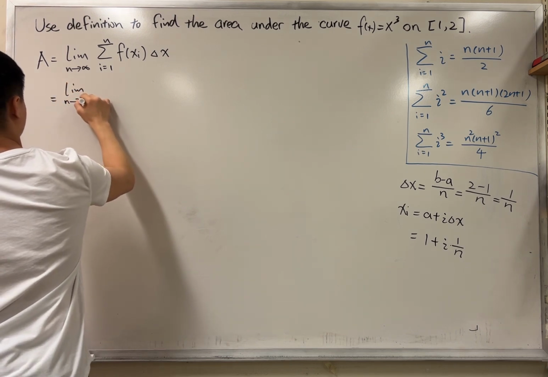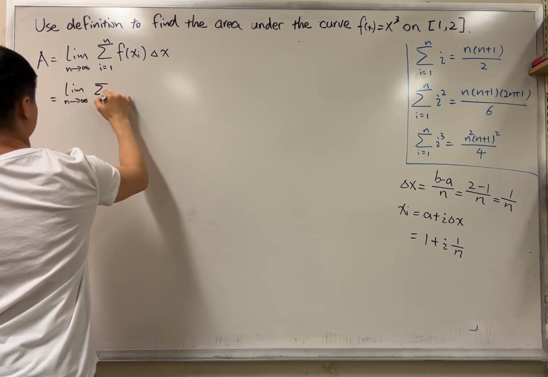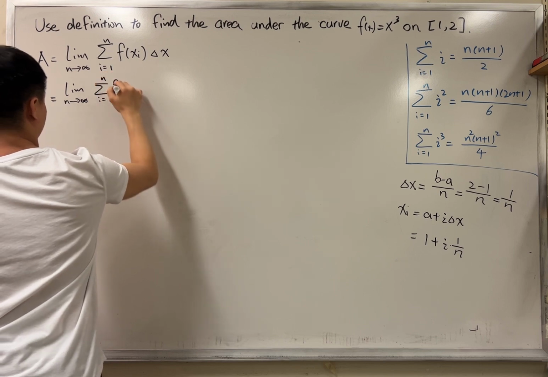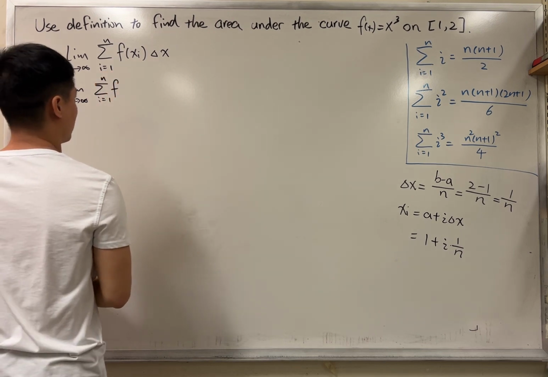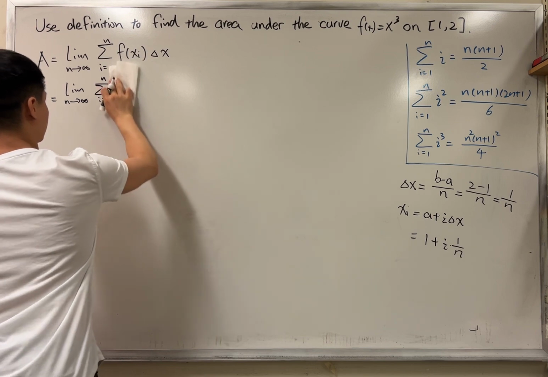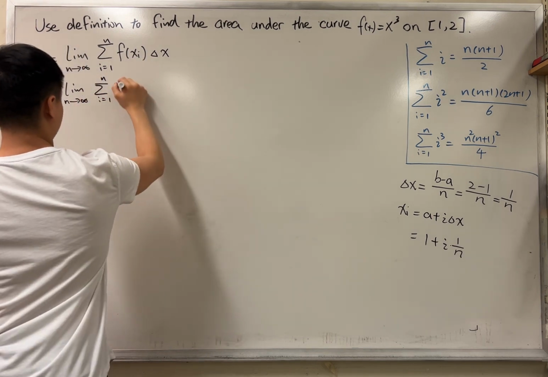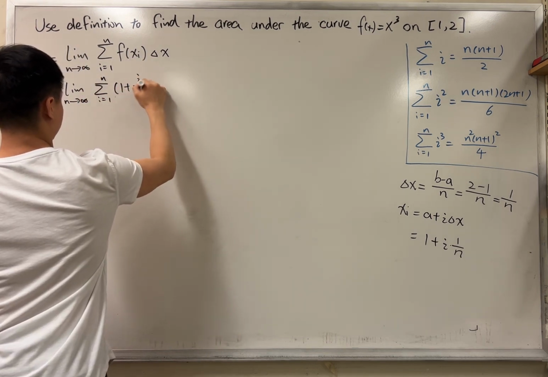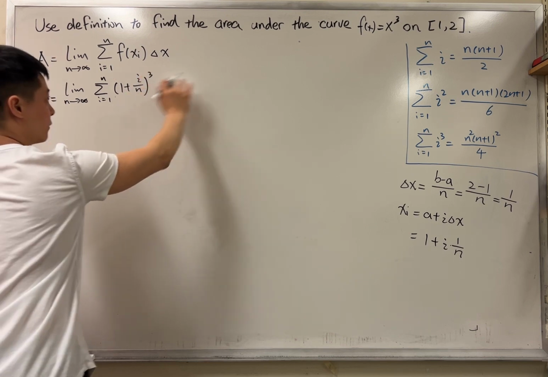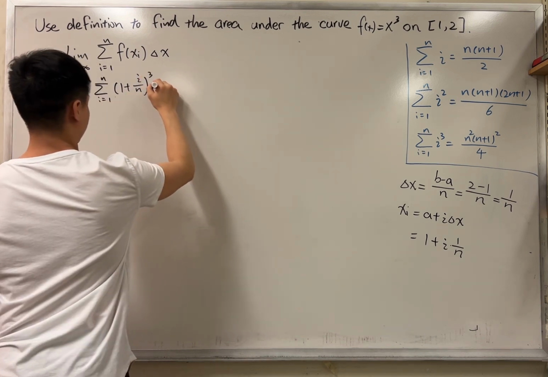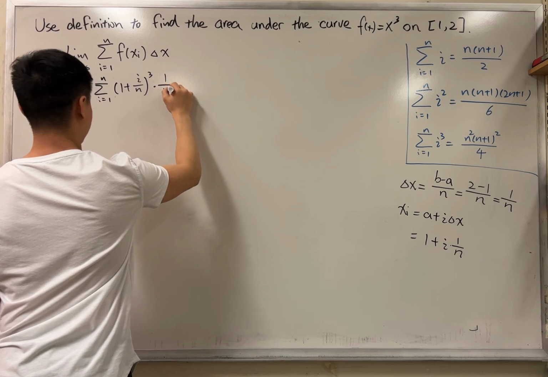And then we have sigma of f of xi. That will be 1 plus i divided by n, raised to the power 3, according to the formula of f of x, and then delta x is going to be 1 over n.